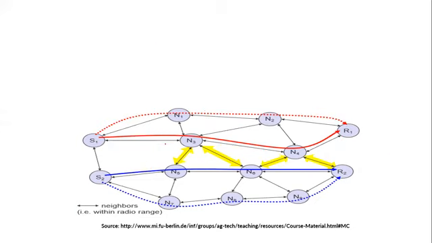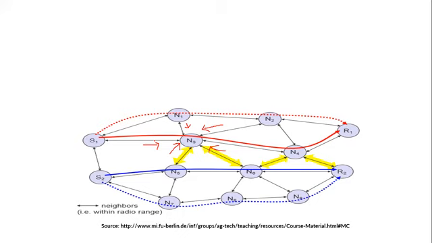Just see, whose communication can node 3 overhear? Node 3 can overhear the communication of S1, N5, N6, N2, and also N1.